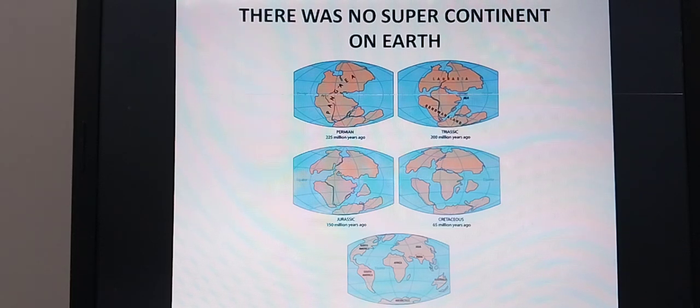How can we understand that this idea of a supercontinent is very wrong? Because differential rotation from Jupiter, Saturn, Uranus, Neptune, and finally in the Earth gives such shape to all continents.